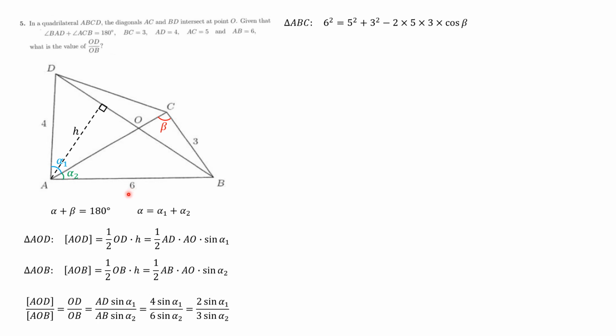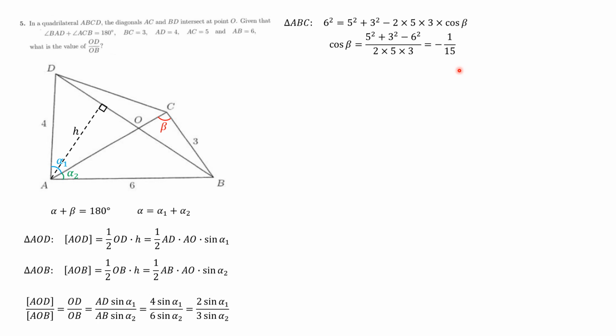6 squared equals 5 squared plus 3 squared minus 2 times 5 times 3 times cosine beta. And from here I can find cosine beta to be just negative 1 over 15. So you can already tell that beta has to be bigger than 90 degrees, because this is coming out to be negative 1 over 15. It's not relevant to this question, but just so you know.